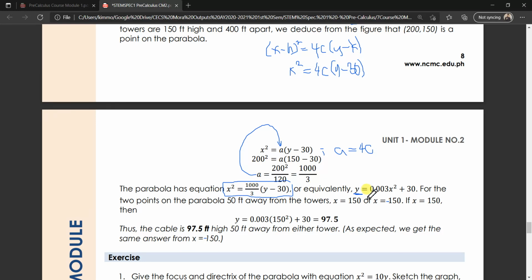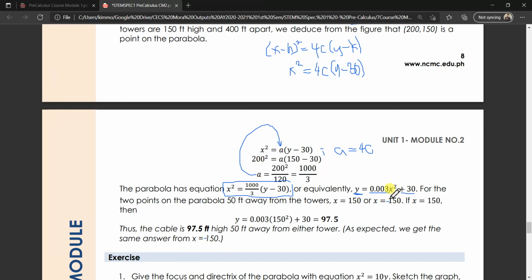So 3 divided by 1,000 is equal to 0.003x squared. After that, i-transfer na nato si negative 30 sa pikas side sa equation. This will become positive, so mao na siyang plus 30. So mabilin sa right side is our y na lang. Or it can be written as y is equal to 0.003 x squared plus 30.